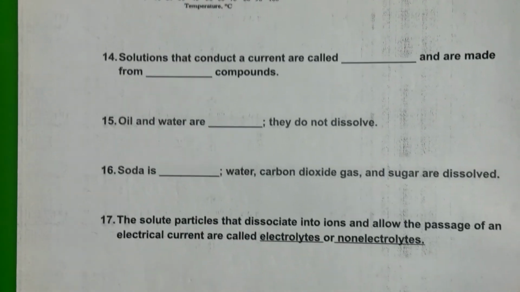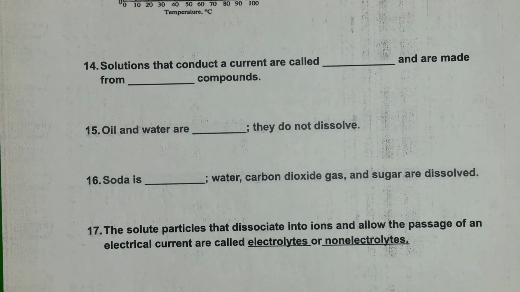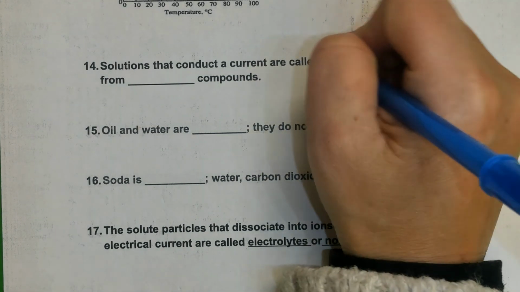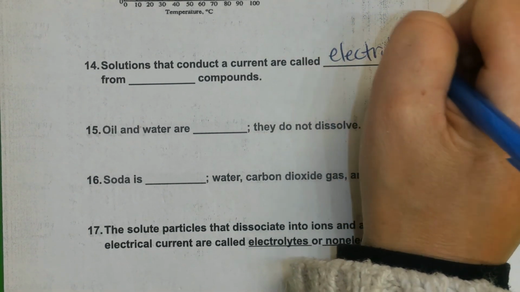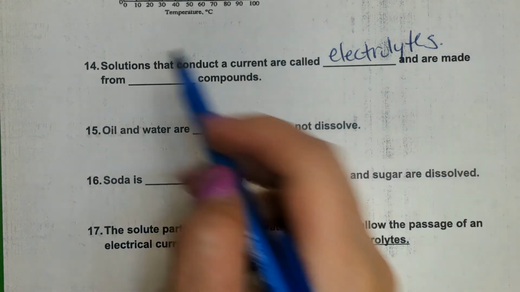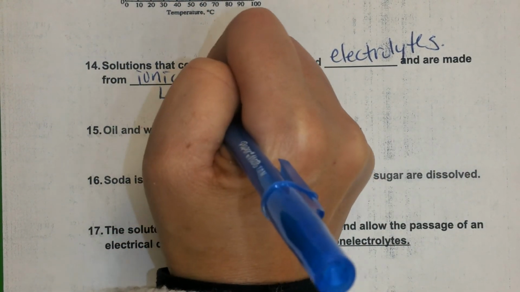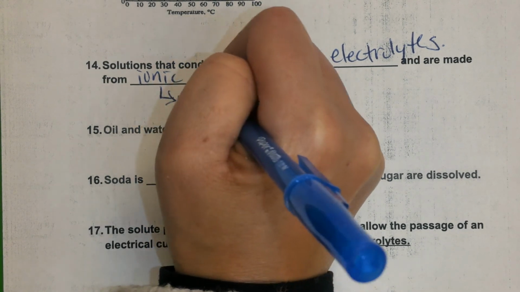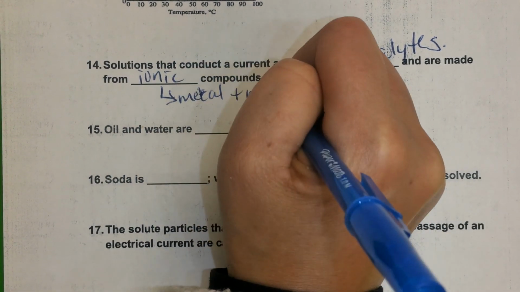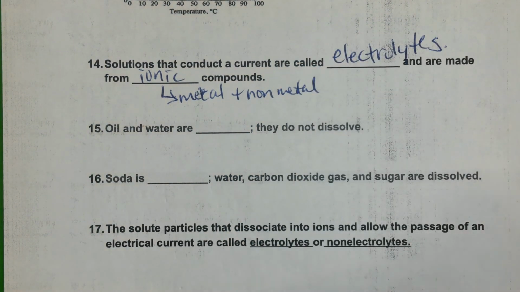Okay, number 14, solutions that conduct a current are called, now this is electric current, so these are electrolytes, and are made of ionic compounds. So ionic is metal plus non-metal elements.